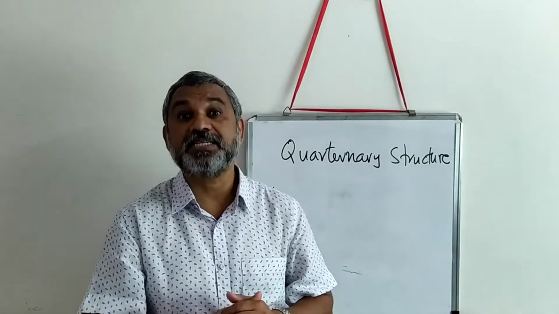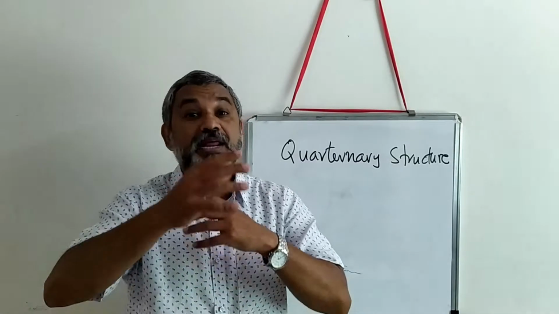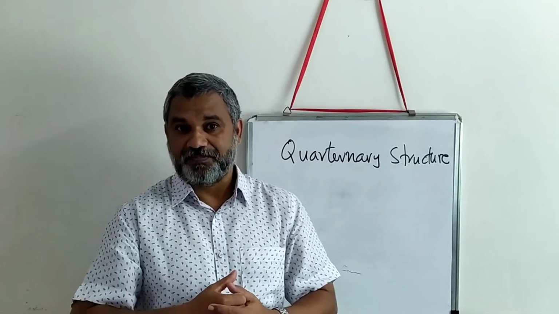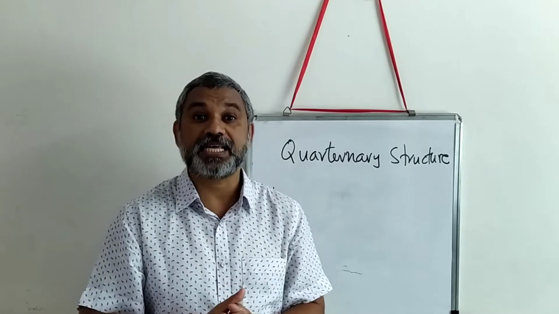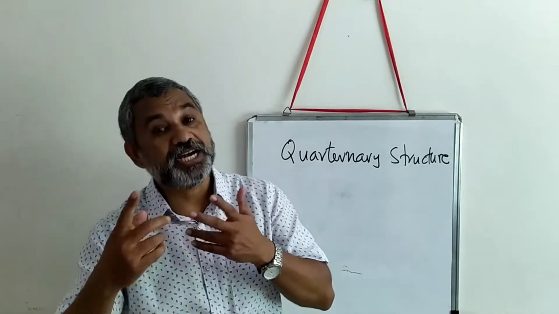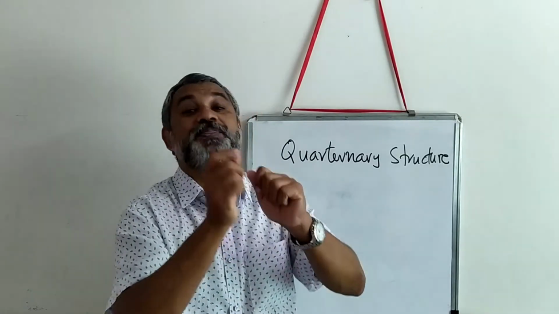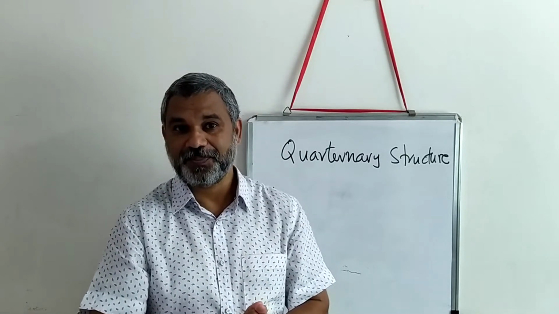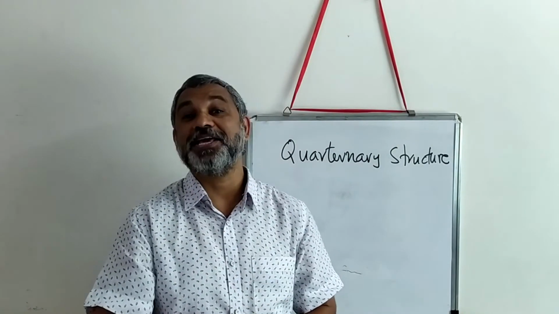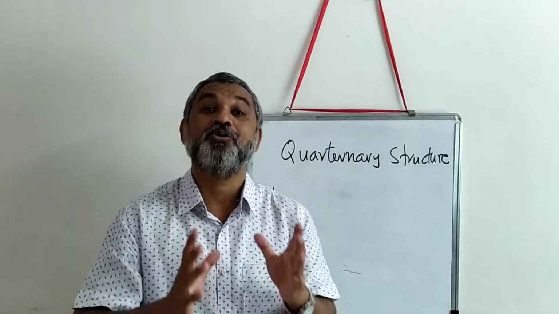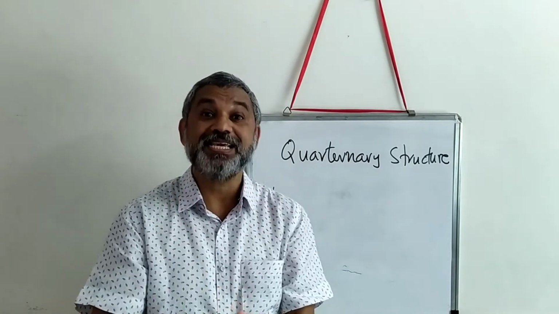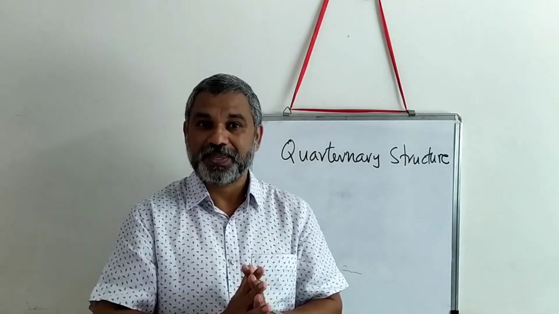And the second reason is you can regulate the activity of the enzyme, either through phosphorylation or dephosphorylation. The structure can move. That is another advantage. And the next advantage is cooperativity, which is seen in hemoglobin.